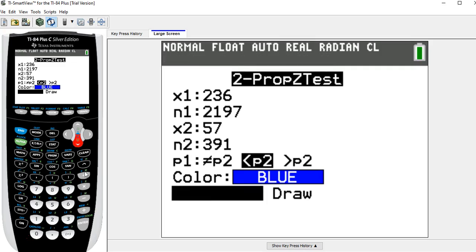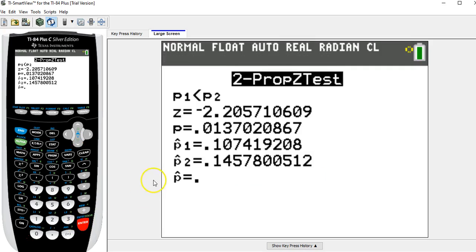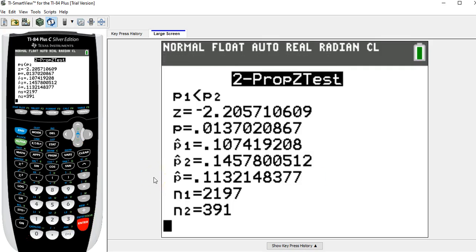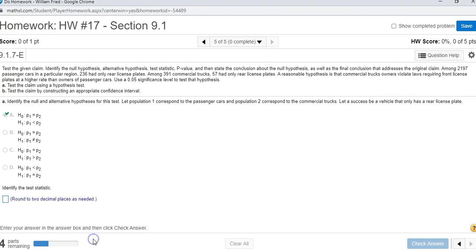And when I calculate, there's my test statistic and p-value. The test statistic Z is negative 2.2057, and the p-value, which I'm sure they're going to ask for, is 0.0137. So let's go back to the homework question.